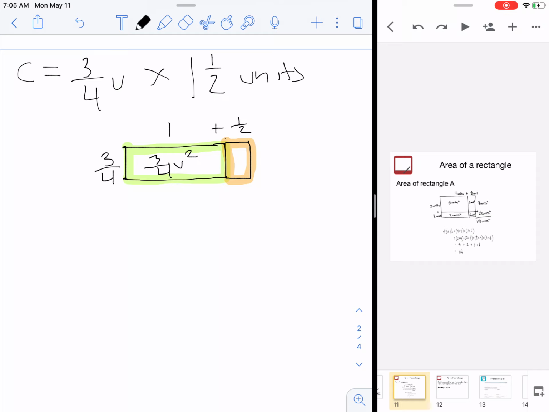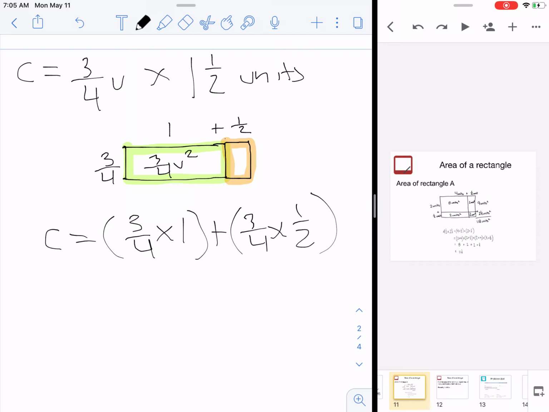3/4 units squared. So what we have here is C equals 3/4 times 1 plus 3/4 times 1/2. 3/4 times 1 is 3/4, and then plus 3/4 times 1/2, 3/8. 3/4 plus 3/8.